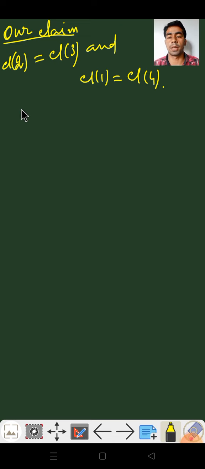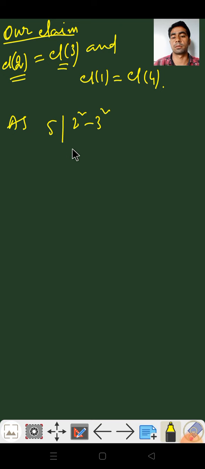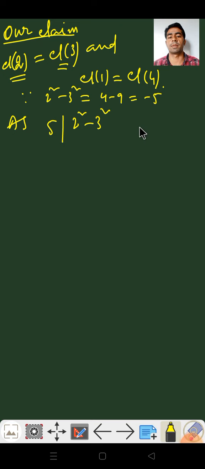Now we will show that these two classes are the same, as 5 divides 2 square minus 3 square, since 2 square minus 3 square equals 4 minus 9, which equals minus 5, and 5 divides minus 5.